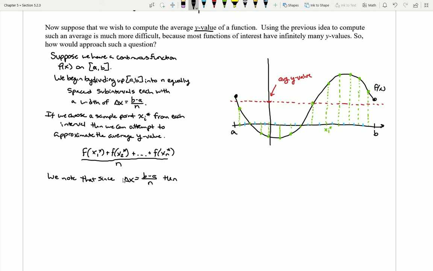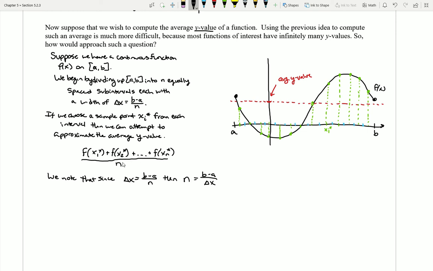That would get n times delta x is equal to b minus a. And then I could divide by delta x and get the following. I could get n is equal to b minus a over delta x. So if I multiply n over and then divide back over the delta x, I can end up with a statement like this.